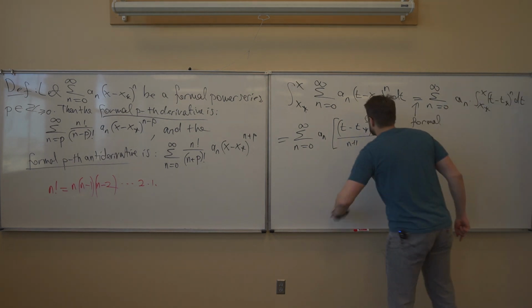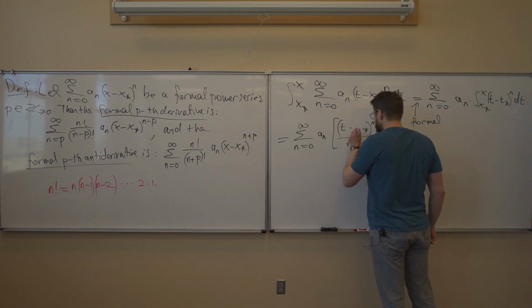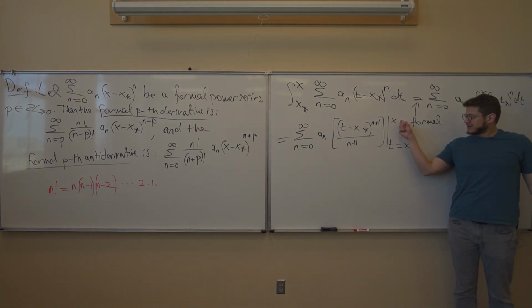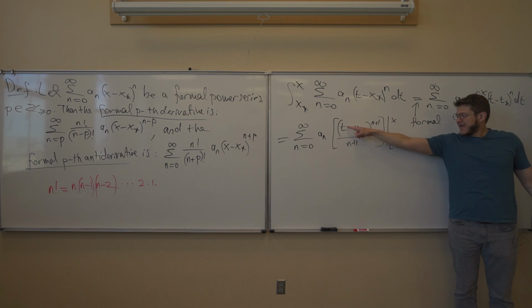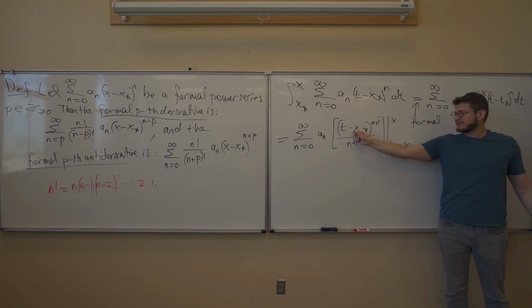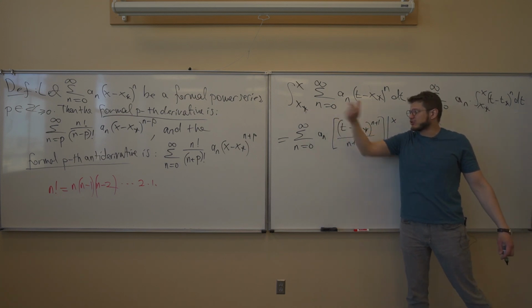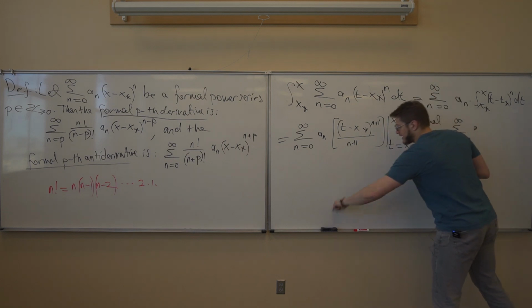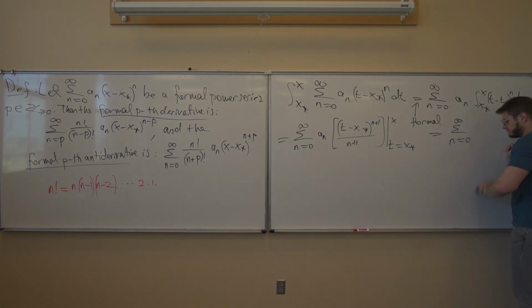This is x star, of course. So if I were to plug in t equals x, I get back x minus x star to the power n plus 1 divided by n plus 1. And then if I were to plug in t equals x star, this is going to become 0. That's why one of the endpoints I'm choosing as x star. Okay, and then, so now I have this n plus 1 over here.